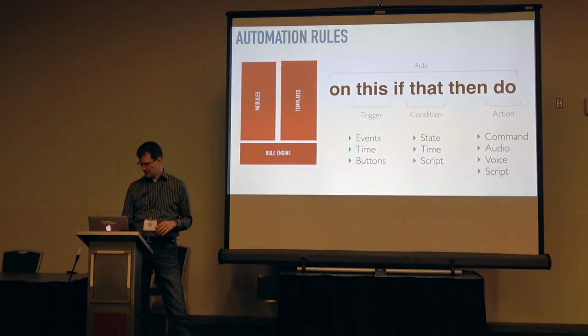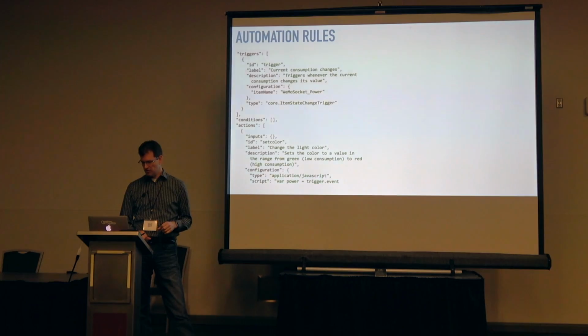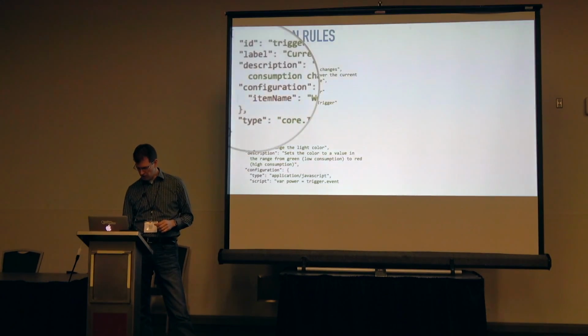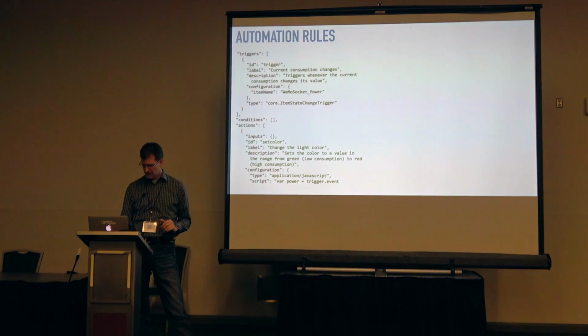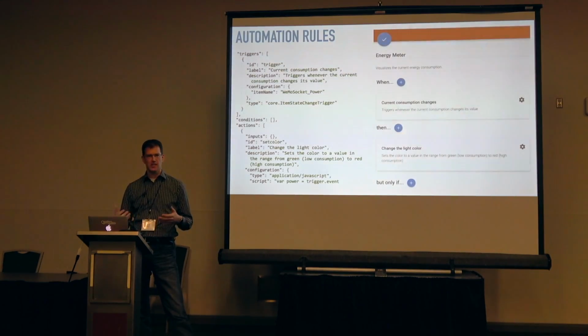So with that, you can represent now a rule actually as a JSON structure, which more or less just lists your triggers and the different modules, and which also then holds your personal configuration on that. So a rule is really just represented as this piece of JSON, and this actually enables us to also easily build our graphical editors on top of that, where you can really say, well, okay, this is my trigger, this is my action.